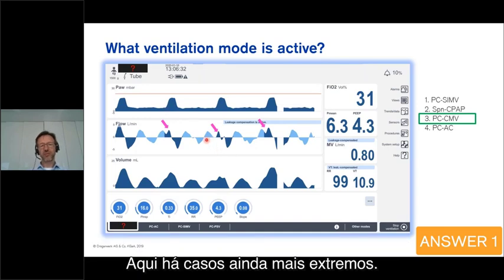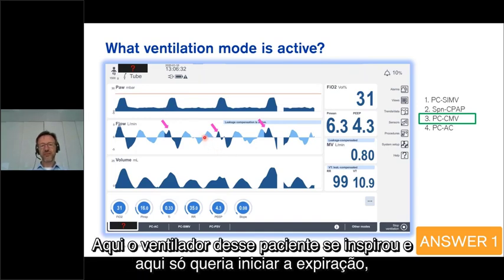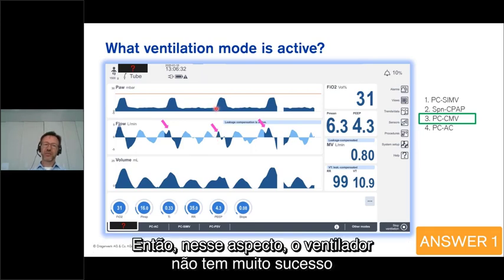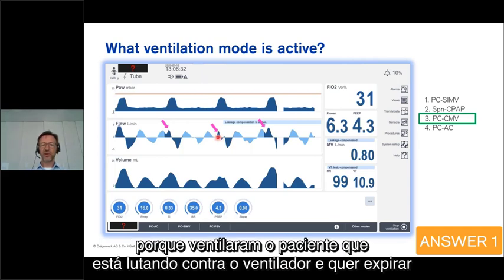Here there's an even more extreme case. This patient has taken an inspiration and just wanted to start the expiration when the ventilator kicks in and gives a mandatory inspiration. In this respect, the ventilator is not very successful because the patient is fighting against the ventilator and wants to exhale.